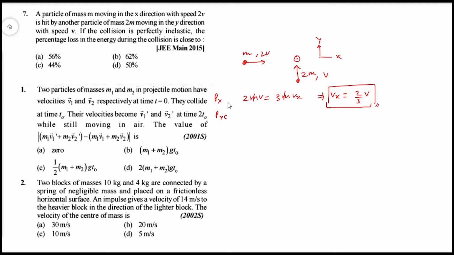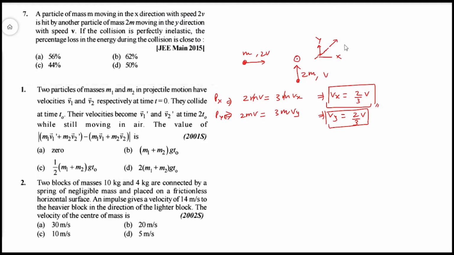Similarly, the py conservation is going to give me 2mv, again 3m into vy, and again vy is going to be 2 by 3 v. Okay, so the particle is going to have the same velocity in x and y, and the combined mass is going to move something like this.